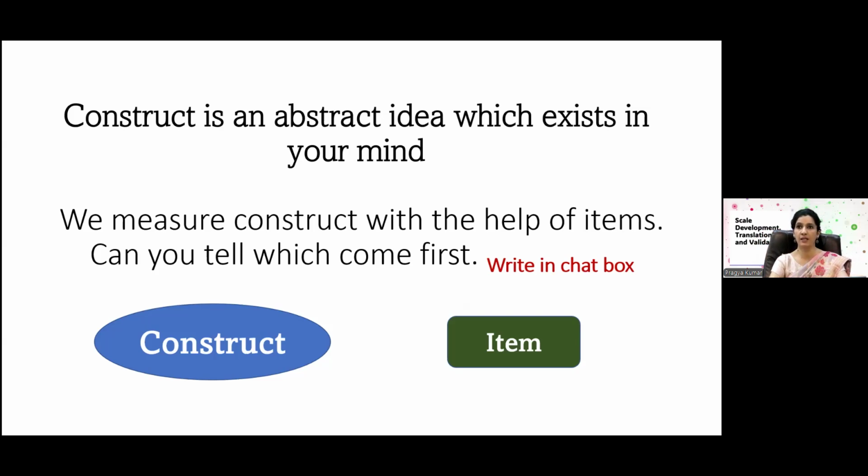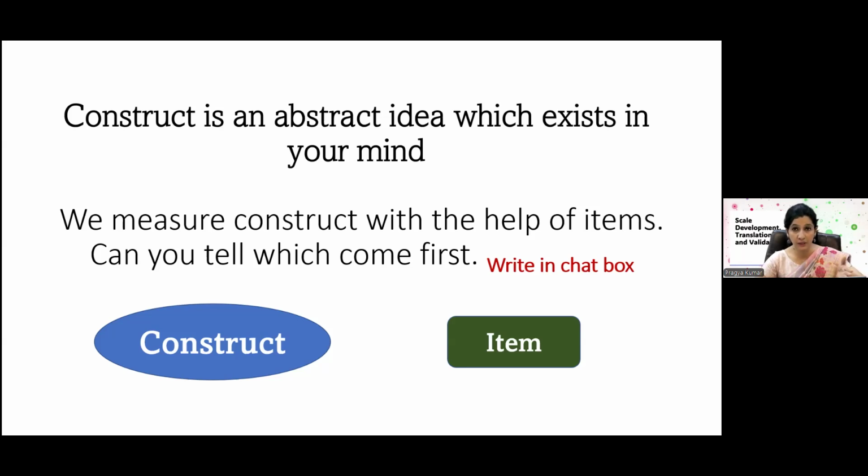So Swapnil is writing construct, Selvaraju is writing construct, Dr. Suryanarayan construct, true. Because construct is there in our mind. It is a psychological domain. That's why you call it psychometrics. So it is there in our mind. But the problem is we don't know how to measure. And that's why we devise items.